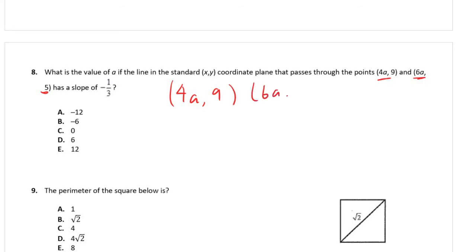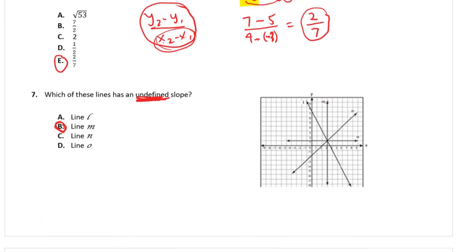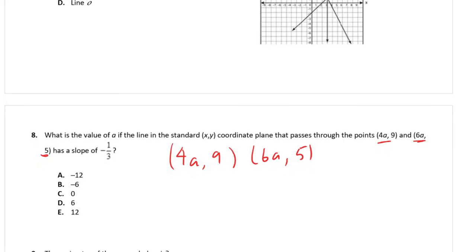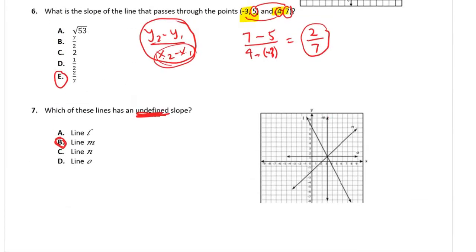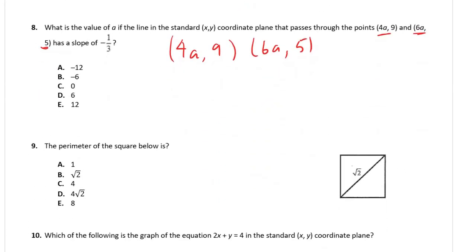Okay, you have 6a and 5. So a line is passing through here. We're going to use the same formula here to find the slope. The slope is y2 minus y1 divided by x2 minus x1. We're going to use that over here.